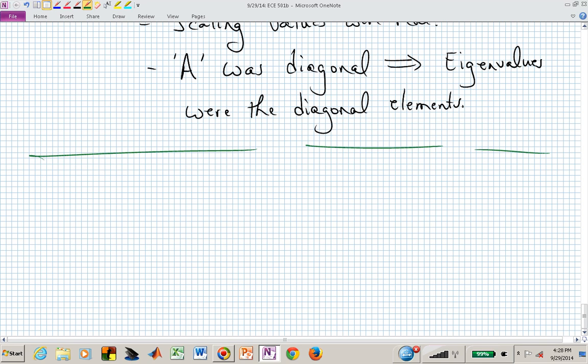Question? So the question was, it looks like we have an infinite number of choices for our eigenvectors, and that's true. It's just we need those to be in certain directions. You can pick any vector whose, let's say, endpoint is on the x-axis, and that would be an eigenvector in the proper direction.